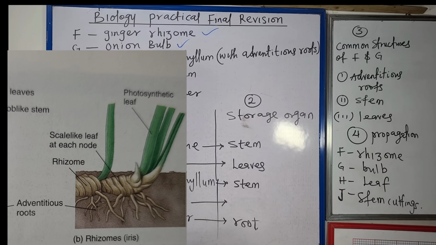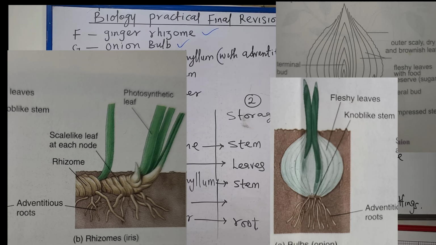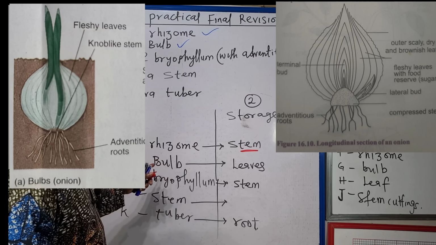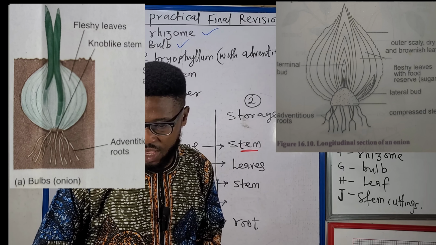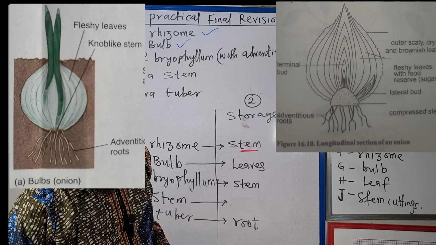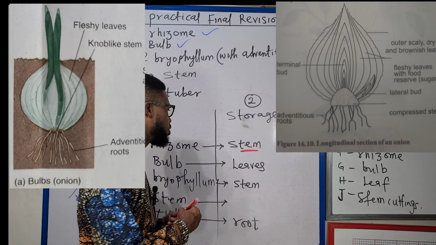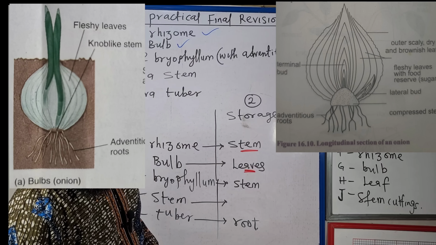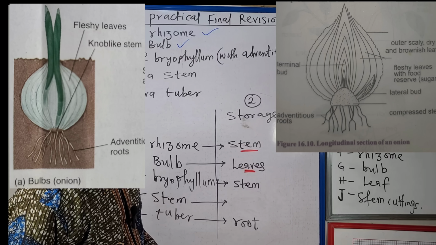So, what are the storage organs of these various specimens? F, which is a rhizome, food is being stored in the stem. For the bulb, talking about the onion bulb here, food is being stored in the leaves. You see it on your screen, the fleshy leaves.